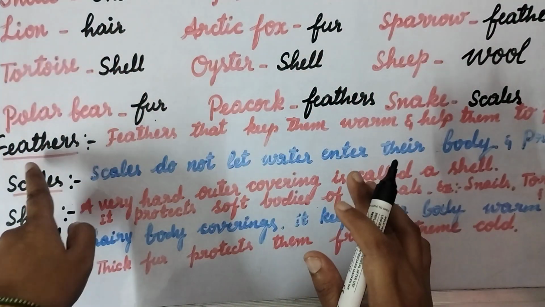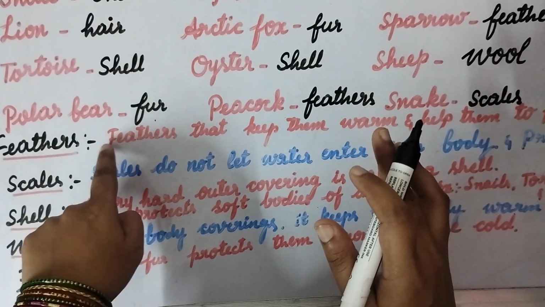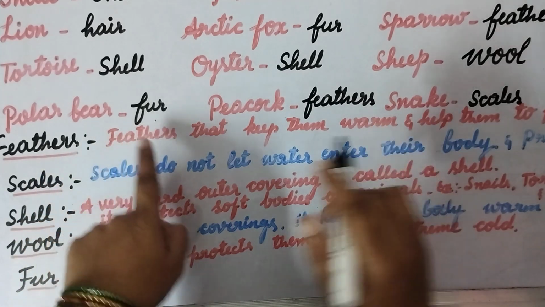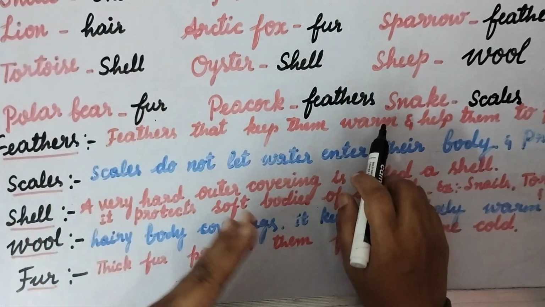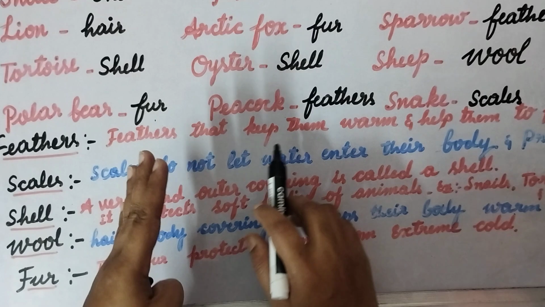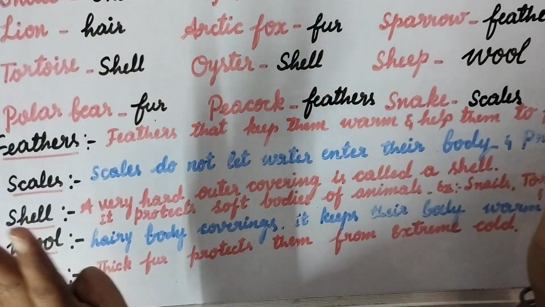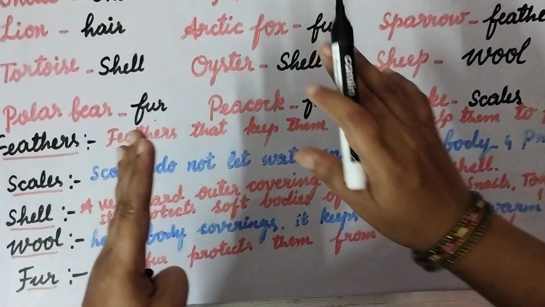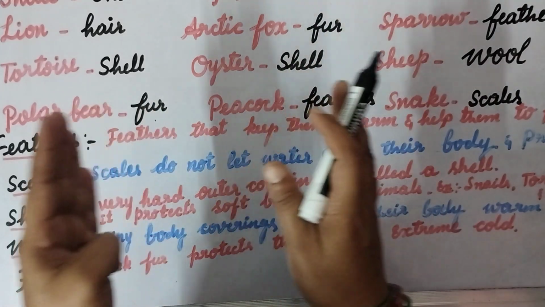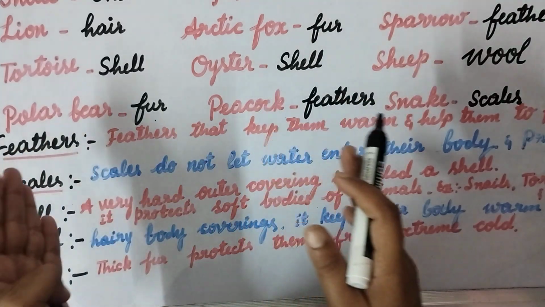Feathers. We usually see the body covering of feathers in birds. What is the function of feathers? Feathers keep the bird warm and help it to fly. Next, scales. The body covering of aquatic animals is mostly scales.